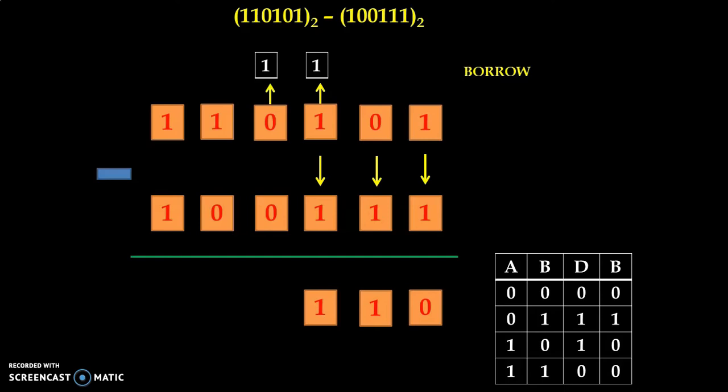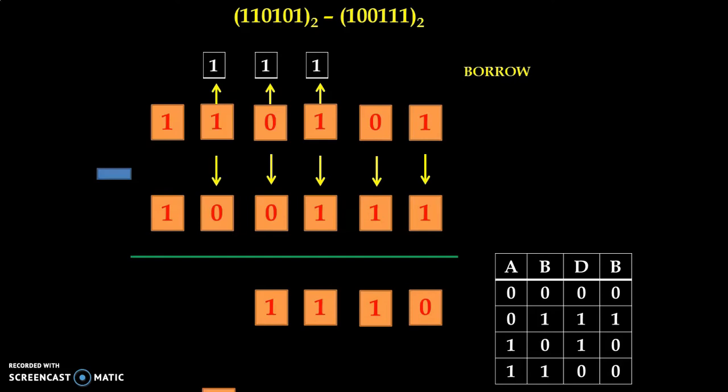So again the difference is 1, but we have to take borrow 1. So the difference is 1. So 1 minus 0, again 1. But when we subtracted 1 minus 0, we had already taken a borrow. So 1 borrow we have taken. Again 1 minus 1. So the answer is 0.